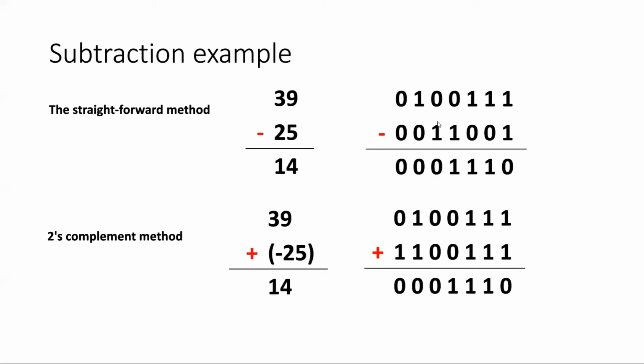So here it's the representation for 25, the positive 25. For 2's complement, we have to reverse its bits and sum it with 1. So when we reverse these bits, we get 1, 1, 0, 0, 1, 1, and we will have a 0. But then we need to add a 1 to it, so we will get a 1 here. And when we add up these 2 numbers together, we obtain the same results. I leave it as an exercise for you.